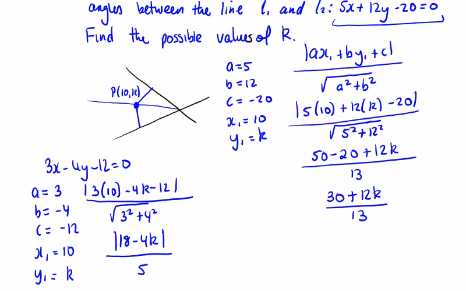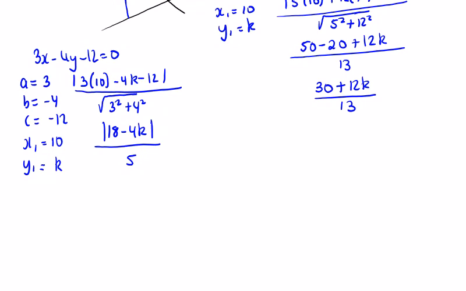So we can let these equal each other. Let me do that first. (18 - 4k) over 5 is equal to (30 + 12k) over 13. Now we could square both sides and create a quadratic. That'll give us two values for k.